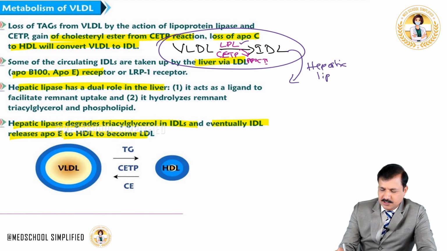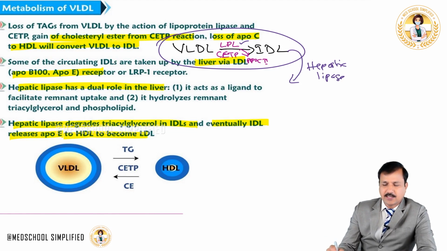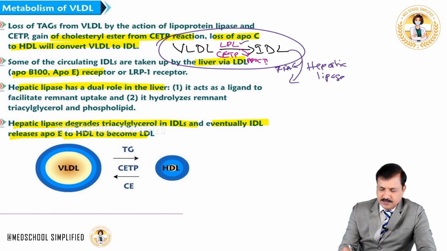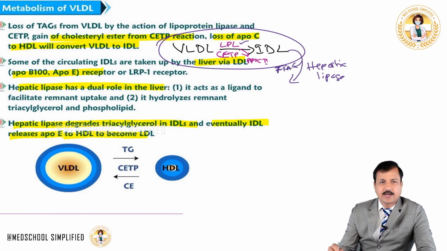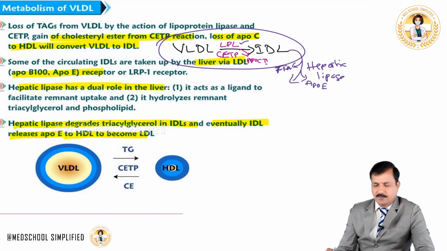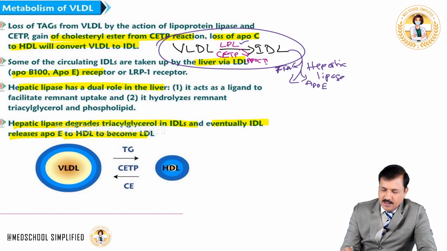Hepatic lipase is present over the hepatocyte, and it degrades triacylglycerol into free fatty acid and glycerol molecule. So basically a little more triglyceride is taken up. At some point Apo E will go back to HDL, just like how Apo C-II was going back to HDL, and that's when IDL will be converted to LDL.